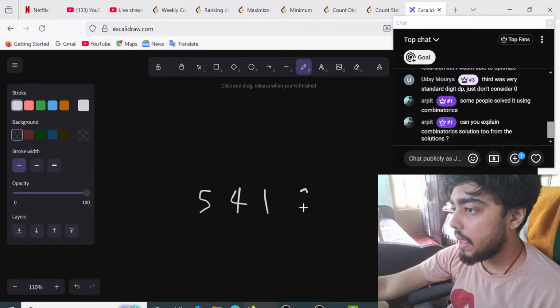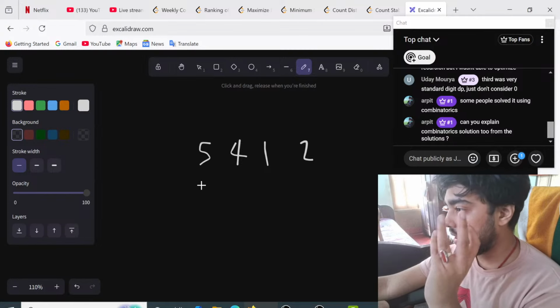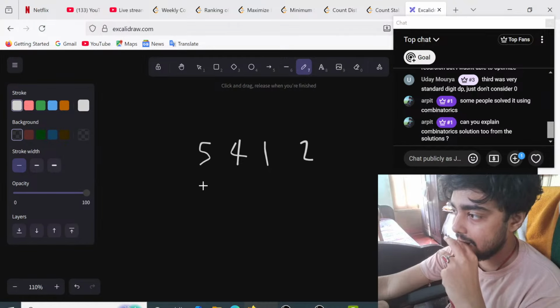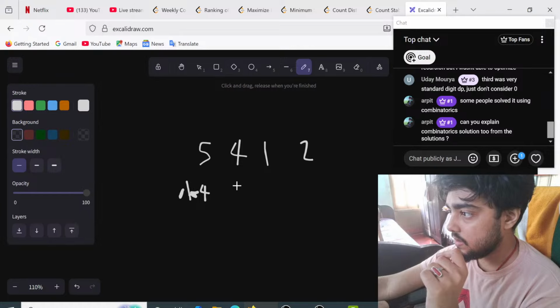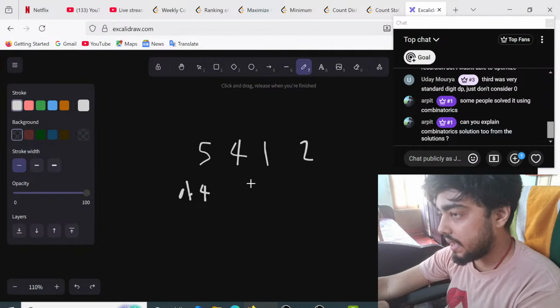See, in this part you can put 0 to 5, right? That is from 0 to 4 you can take, and for the remaining ones you can take from 0 to 9, right? So there are 10, 10, 10, or let me take a smaller number.